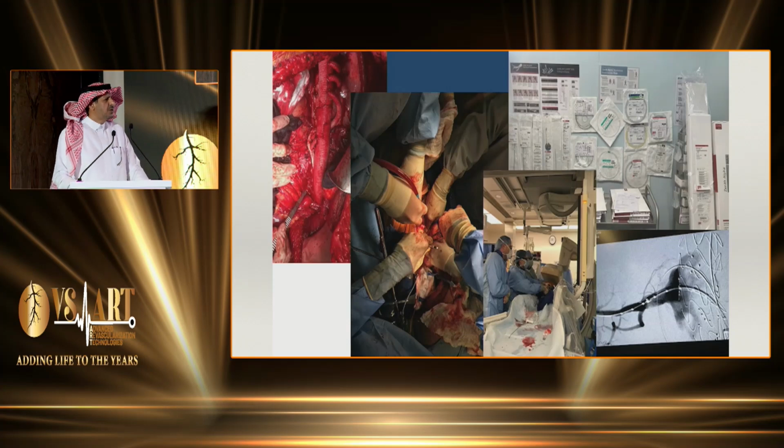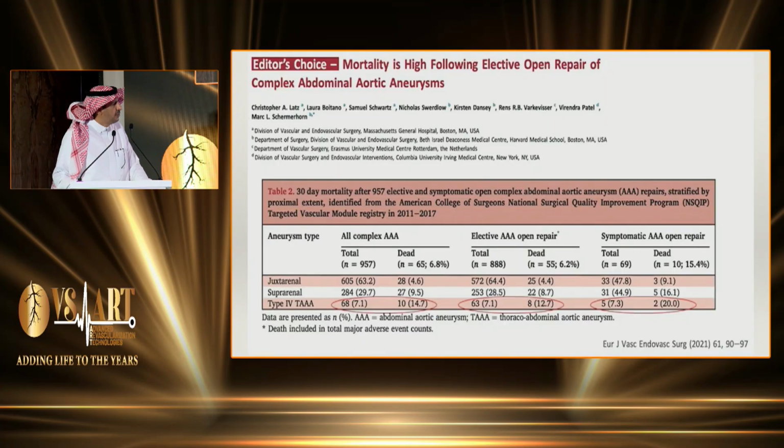Open surgery and endovascular both need facilities, and open surgery is a major surgery, not minimal, while we can say minimal access surgery for endovascular, and you need technology to help you for the endovascular repair. The mortality rate in open surgery is still high. It reaches 6% in elective repair and 15% for symptomatic patients.